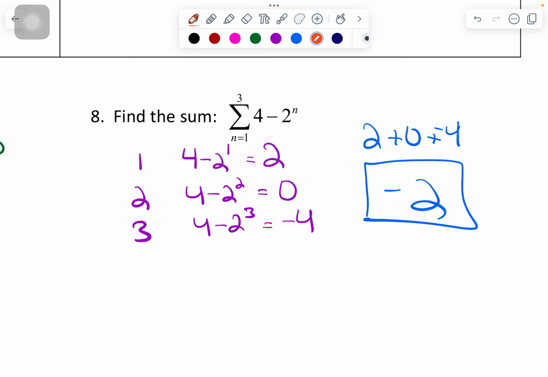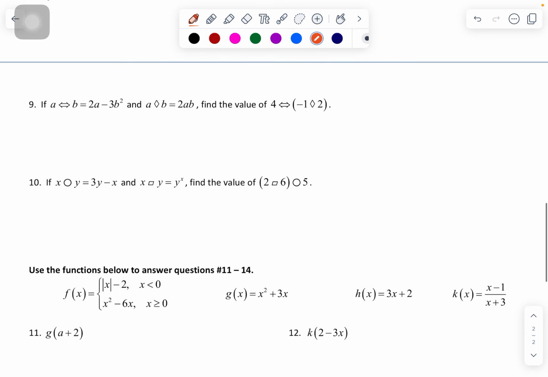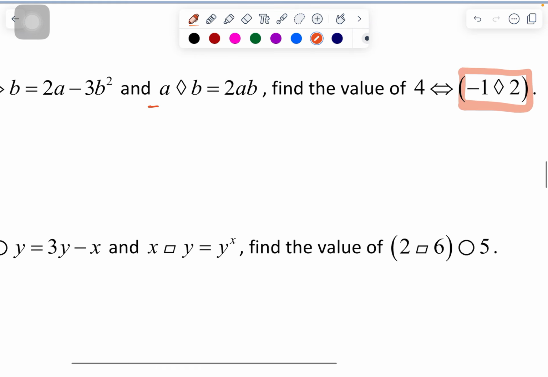All right, I'm going to keep rolling on down into the next page, see what I can get through here. For this particular problem, I want to start with what's inside the parentheses, which is going to reference the diamond operation. So negative 1 diamond 2 is going to be 2 times negative 1 times 2. That's negative 4.